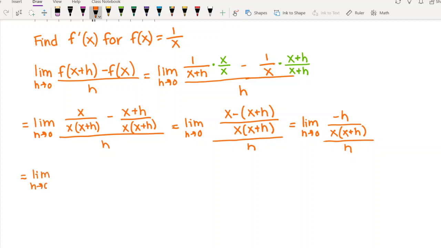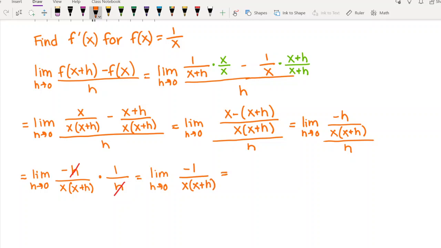Now we're going to get the limit as h approaches 0 of, so let's rewrite this. Instead of writing it as dividing a fraction by something, let's rewrite it as multiplying by the reciprocal. So we can rewrite this as multiplying by 1 over h. Now we can see that here you have an h, here you have an h, and those are going to cancel with each other. We're left with the limit as h approaches 0 of negative 1, because there was a negative sign here, divided by x times x plus h.